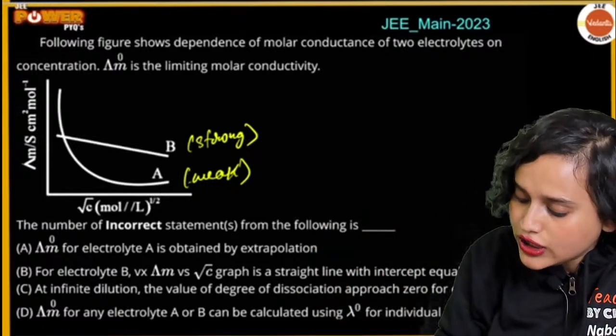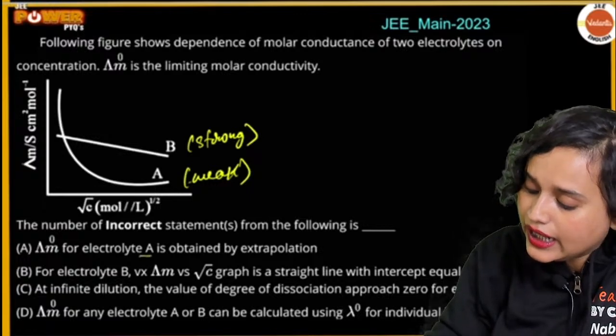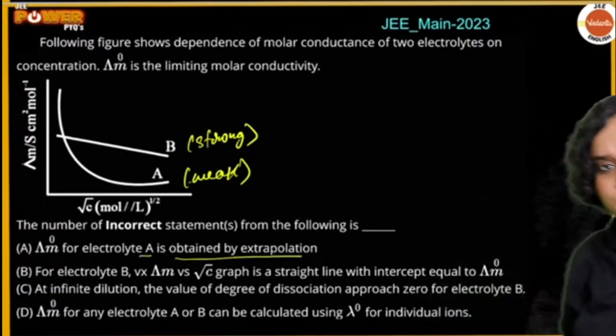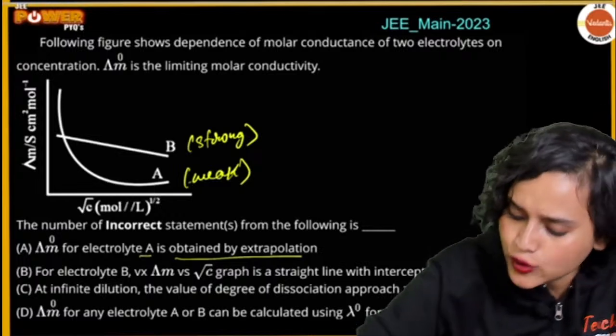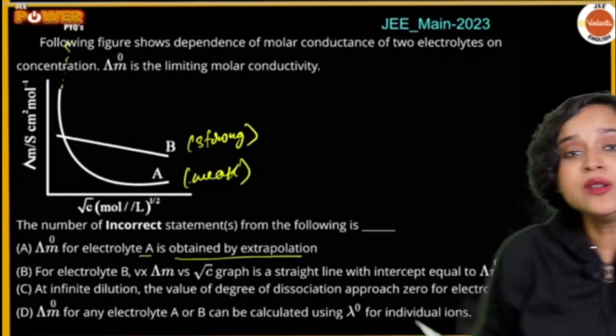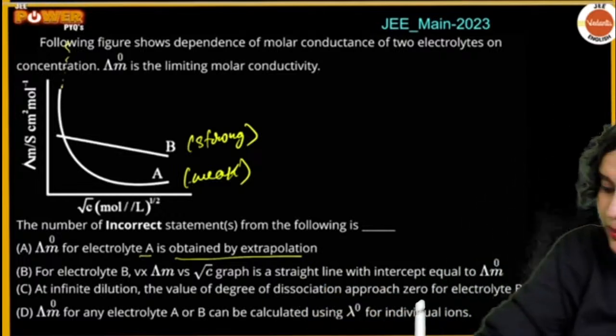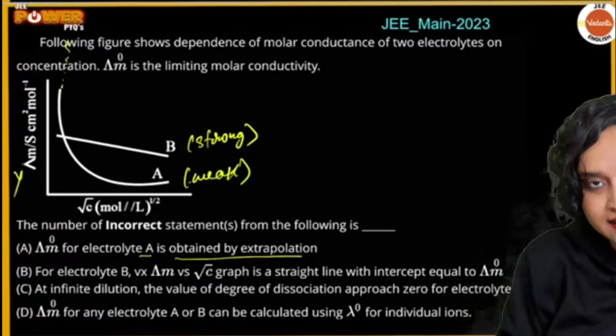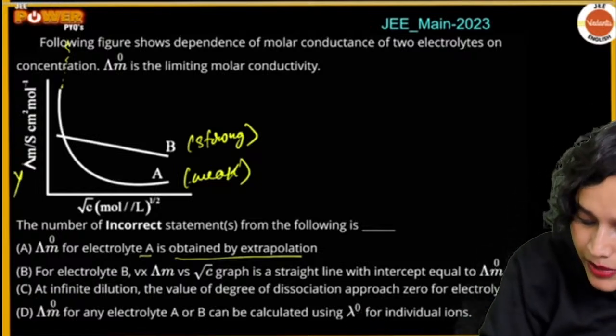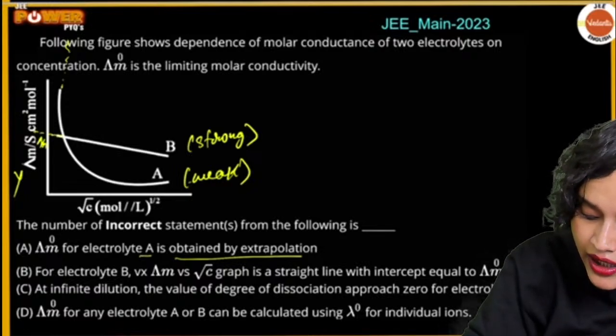Alright. So lambda m naught for electrolyte A is obtained by extrapolation. See, if you extrapolate this A, it will be parallel to your y-axis, right? We cannot do that. But if we extrapolate B, we can find lambda m naught.